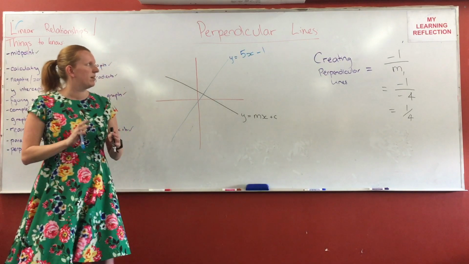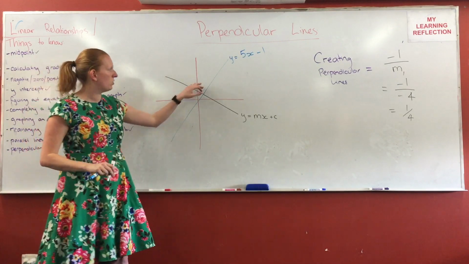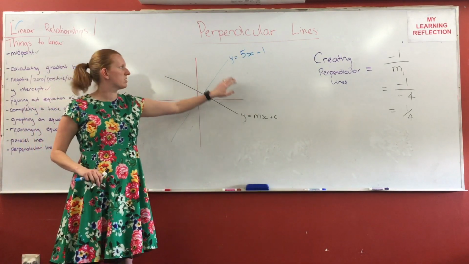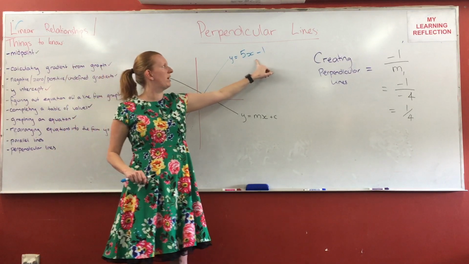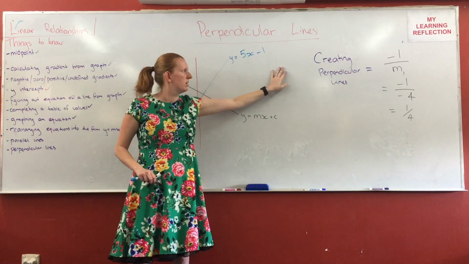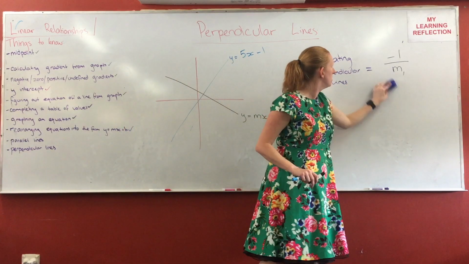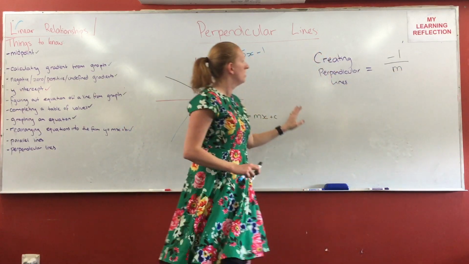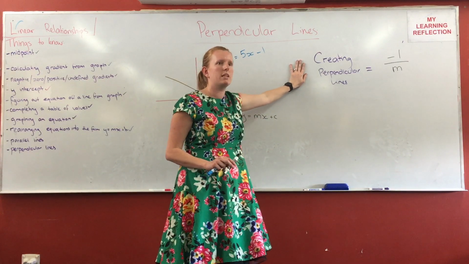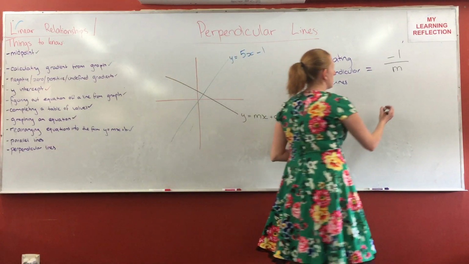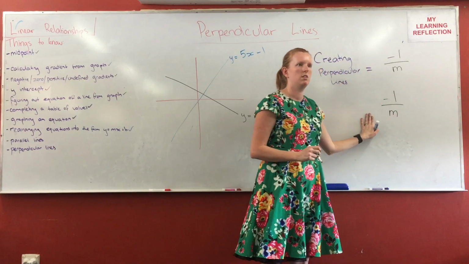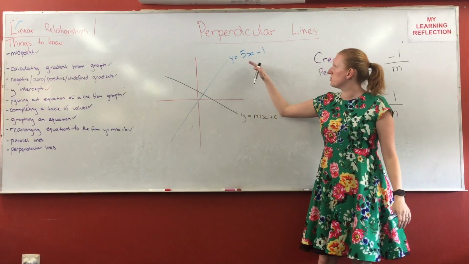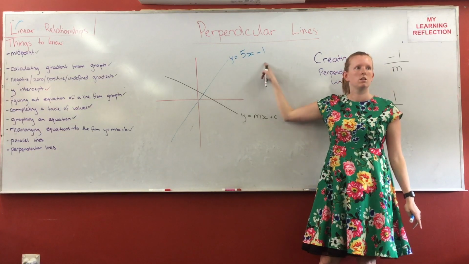Yes. Okay. Now we want to create the equation for this black line here that cuts through this blue one. The blue one's equation is y equals 5x minus 1. So, to create a perpendicular line, you just put negative 1 on top of whatever your m is. My m is what in this? 5.